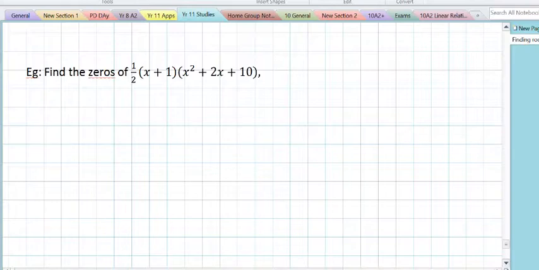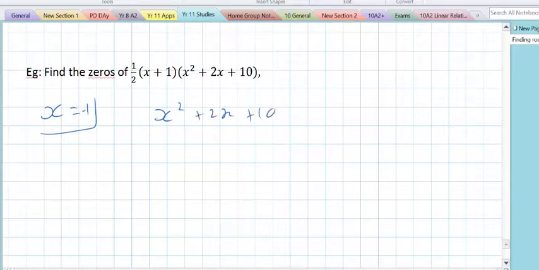Alrighty, so what do people try? Thank you. So our first one is x equal minus 1. That one everyone got straight away. What about the quadratic? What roots came out of the quadratic? Two imaginary numbers? Yes. Which you found using quadratic formula, right? Yes.